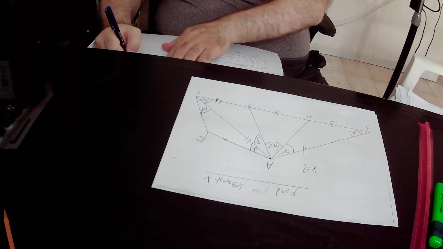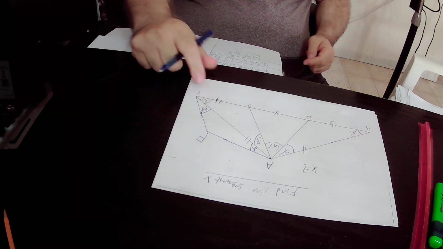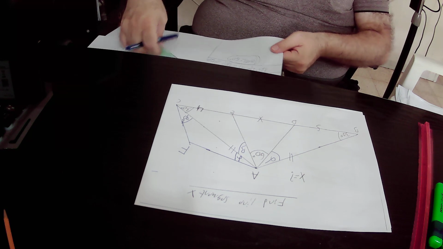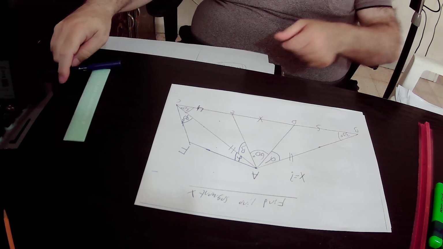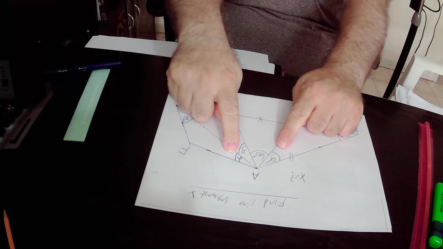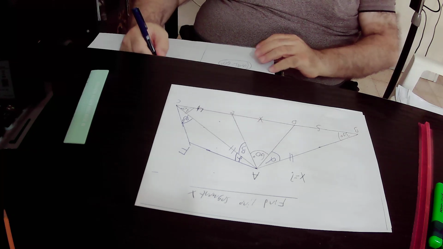So why are those two triangles congruent to each other? First of all, those two angles are both equal to alpha, therefore they are equal to each other.